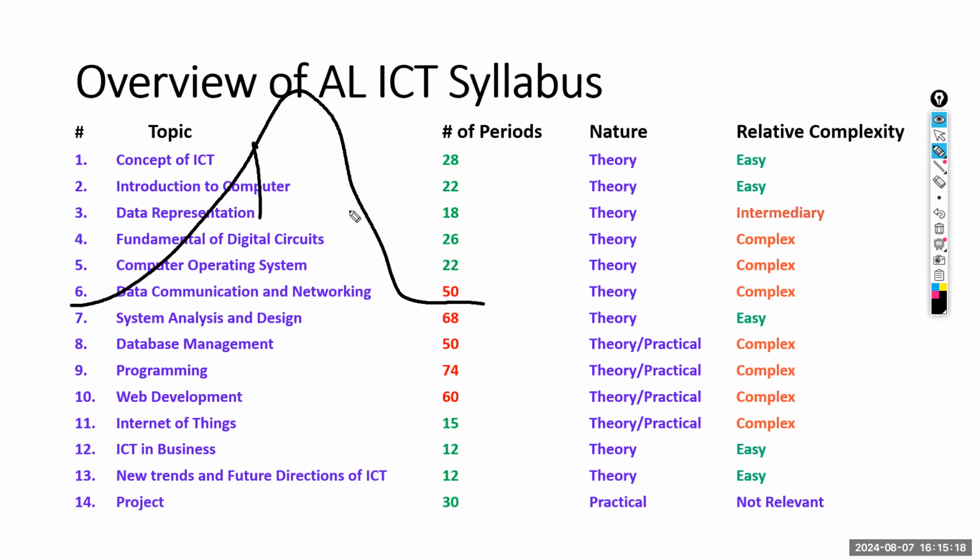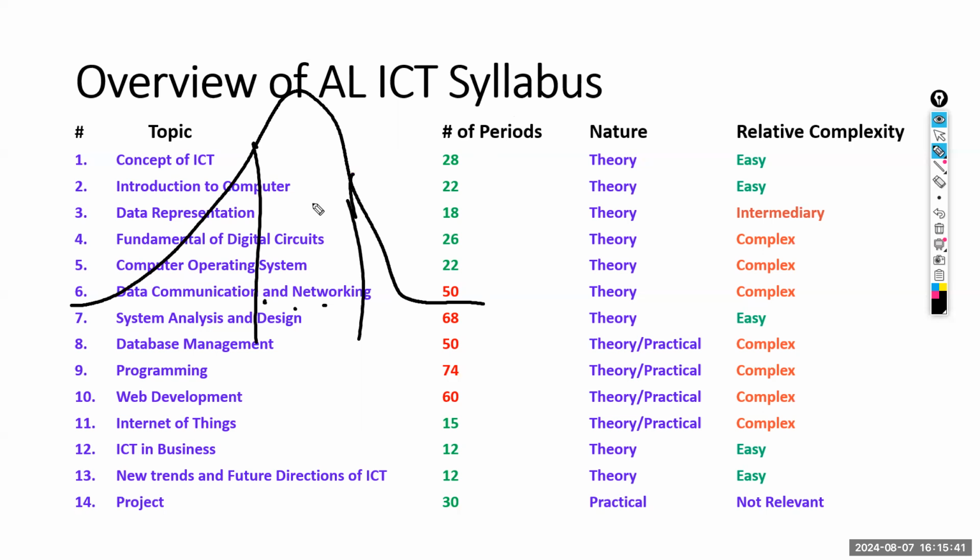This is where the middle subtopics like networking, programming, database, and so on are. So your big topics are in the middle. The first few topics take less time. The last few topics take little time. The middle topics are the bigger topics, meaning the programming topic, networking topic, database topic.